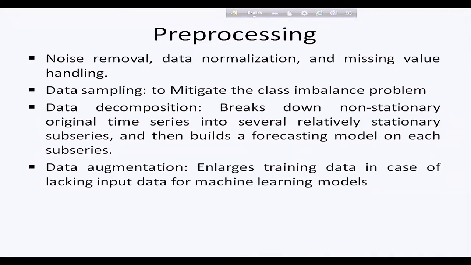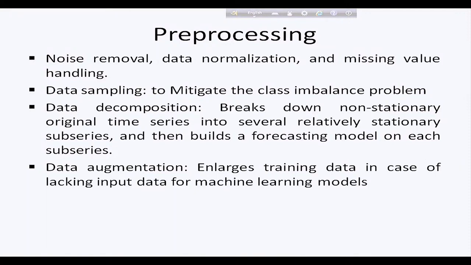The second point is data sampling. Data sampling is very important, because if the data is not balanced, it sometimes creates a problem. Then data decomposition, which I mentioned previously: your signal may be non-stationary, so it may be decomposed into a collection of stationary signals.